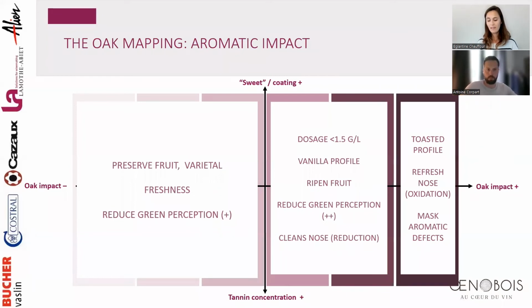They are great tool to use to refresh the nose. So if you have any oxidation at very low dosage, like wine that are a little bit tired, can be refreshed using oak that contain furfural, but also great tool to mask aromatic defects such as volatile phenols, for example.